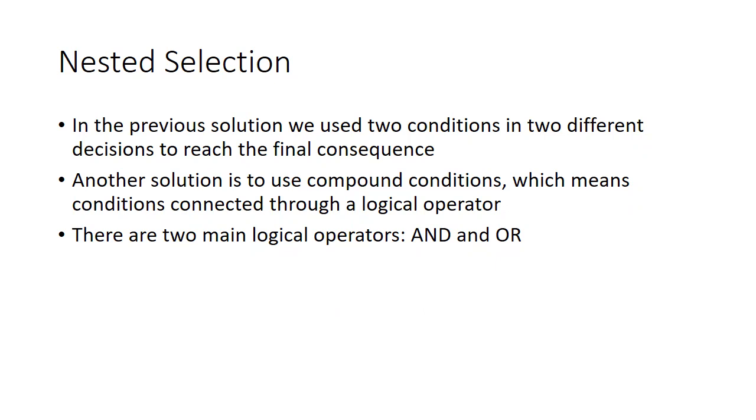Else. Now we've got a situation where if the person's grade was somewhere between 60 and 75, they get a C, right? Now, if the grade is not less than 75, then we're going to do another test.